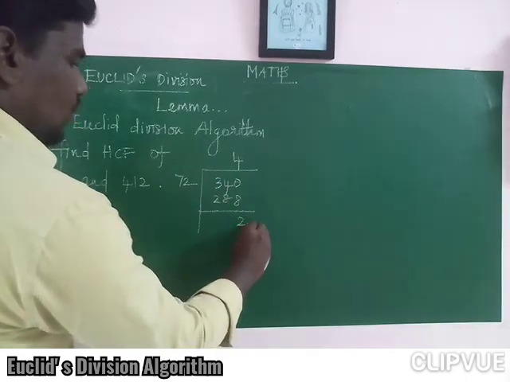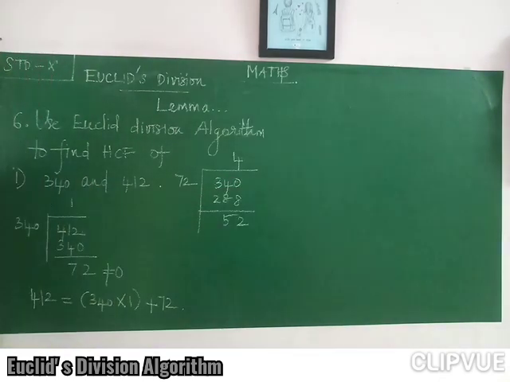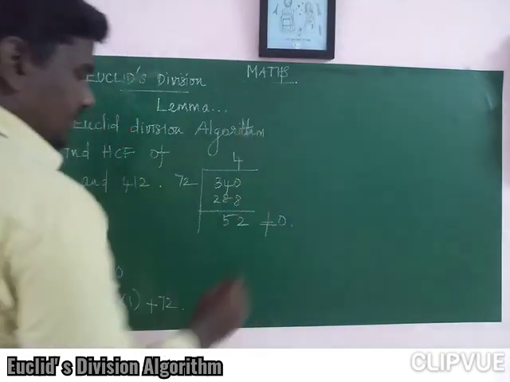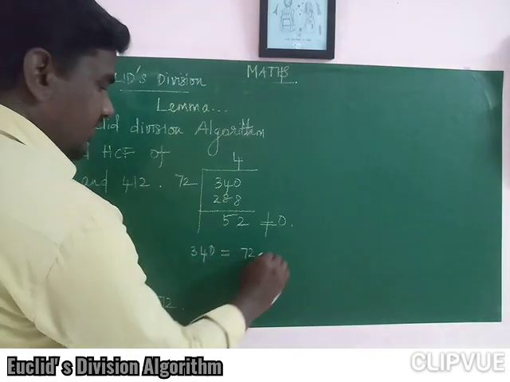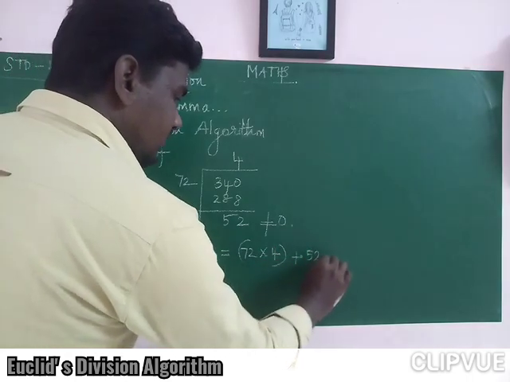Remaining 52. Here also it does not leave the remainder 0. So this 340 can be written as 72 into 4 plus 52.